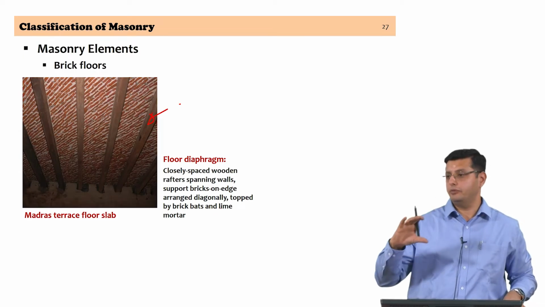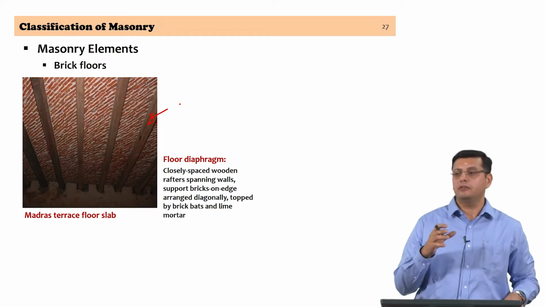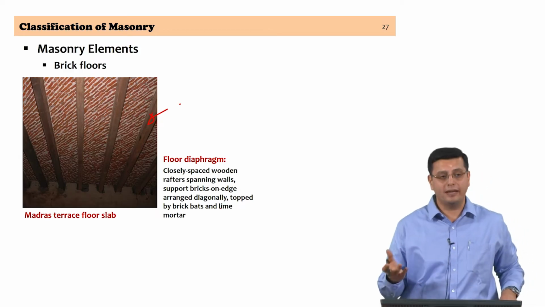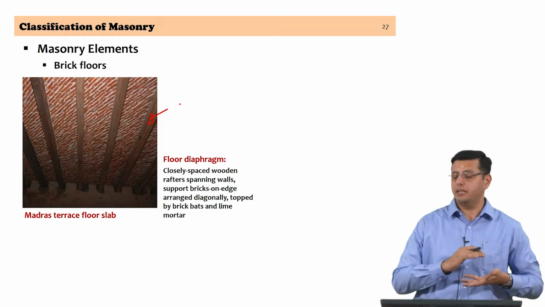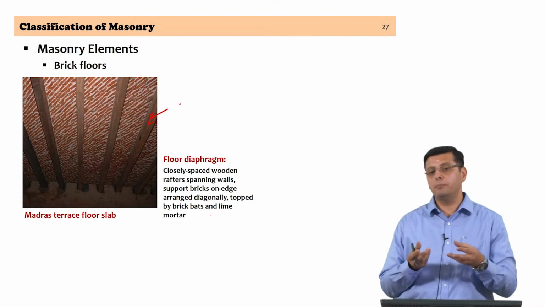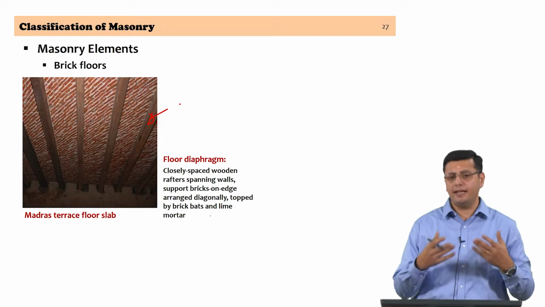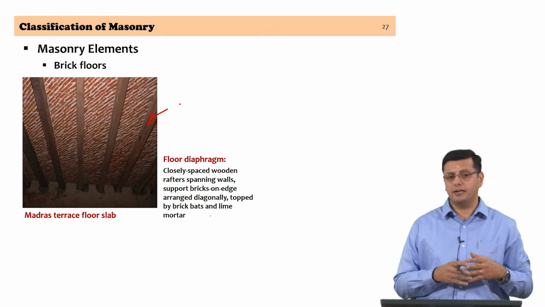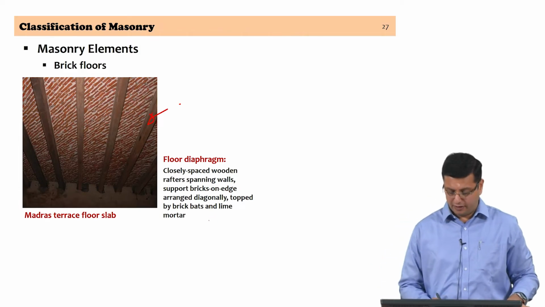this layer of bricks, the brick masonry layer, is topped by concrete. It could be lime concrete, it could be even cement concrete. Basically we refer to this as brick jelly lime concrete, where broken pieces of bricks are used as brick bats, and in lime mortar you get a composition called brick jelly lime concrete, referred to as BJLC typically in specifications.